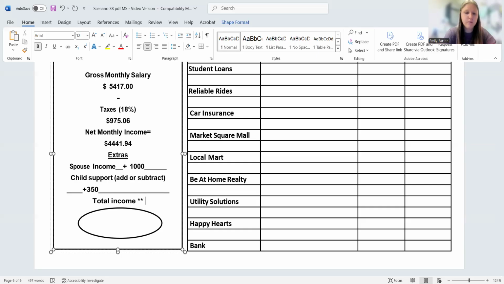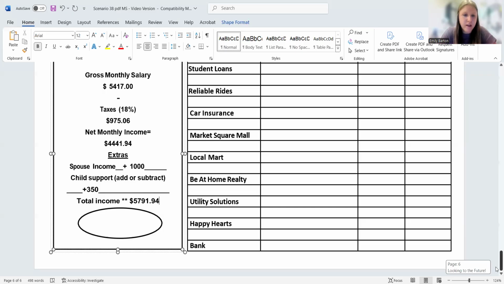For me, because I'm on the computer, I'm going to have to write it right to the side. But you guys have the ability there to write it in the circle.